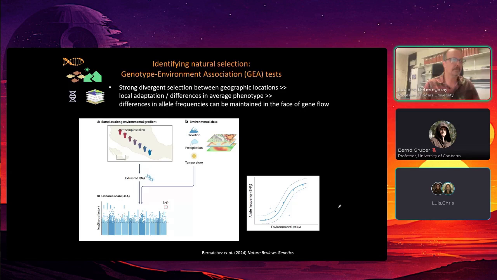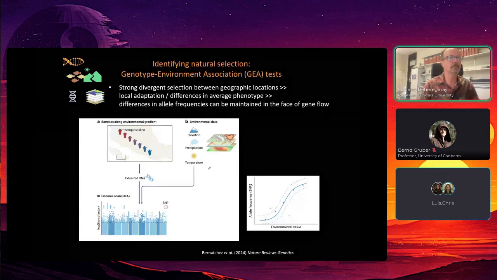You sample your populations along the environmental gradient, as in this plot, and you collect environmental data from that region. You have to understand and have a good guess of which variables matter to your study species, to that environmental context of selection.